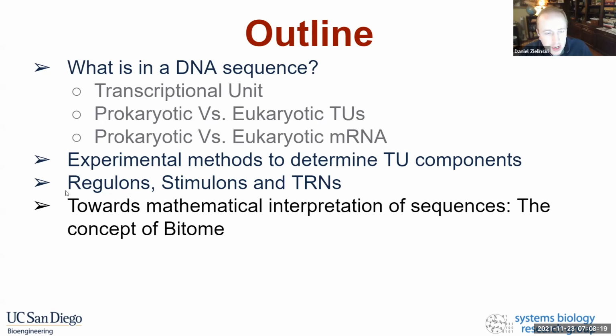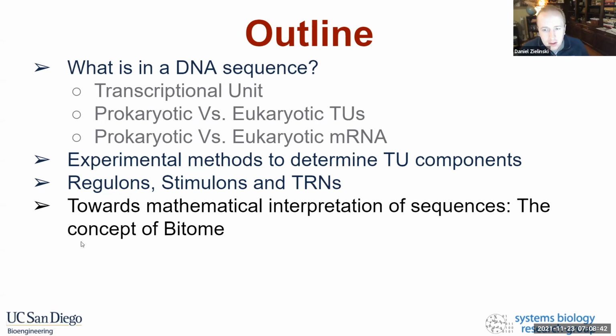So organizing genes by regulons and stimulons and the TRN, which are concepts that we introduced at the last short course, which really had a heavy focus on doing transcription regulatory network analysis of RNA-seq data.